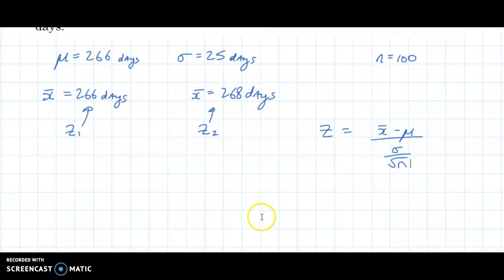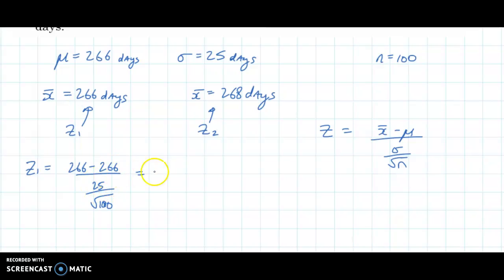Now, let's calculate Z1. Z1 is going to equal 266 minus 266, so you're going to see it's going to be 0 on top. And we're going to have sigma over root n underneath, that's 25 over the square root of 100.